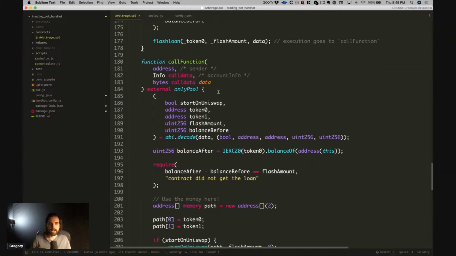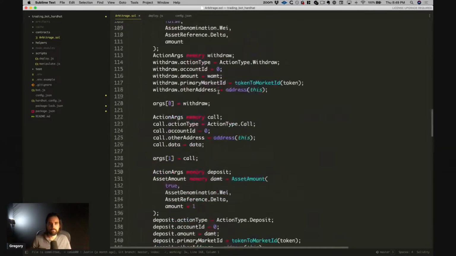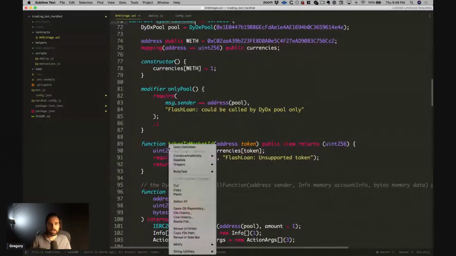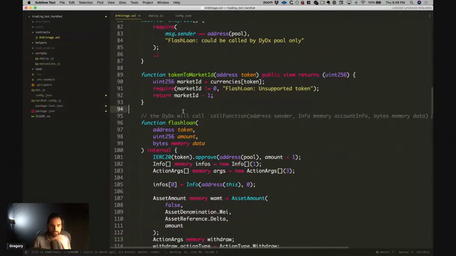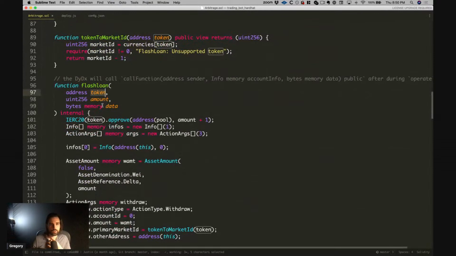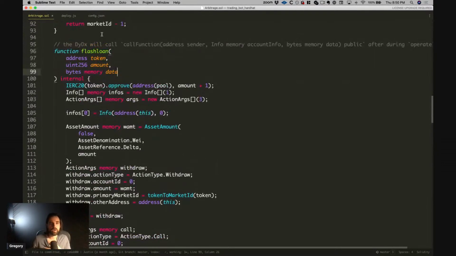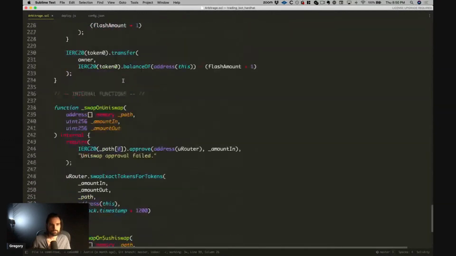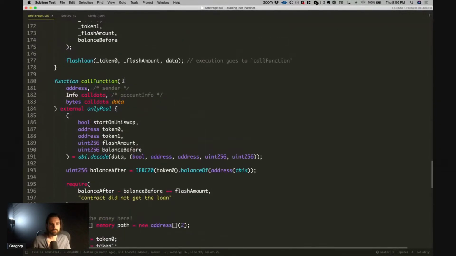So let's talk about how flash loans work. Well, all you have to do is plug in this DYDX flash loan contract, which we've got, and then call the flash loan function. All right. You'll see this flash loan function here. You tell it what token you want to borrow, the amount, and any data that you want to run in your function after you receive the tokens. That's what this bytes memory data is here. It'll give you the flash loan, but then you have to have a function on your smart contract called call function.